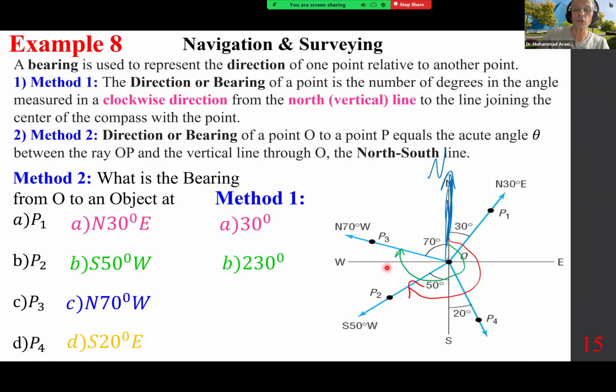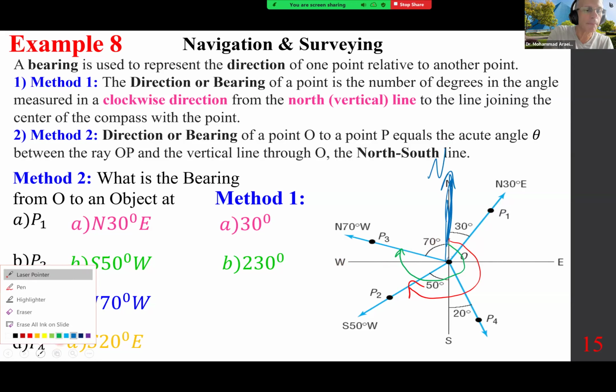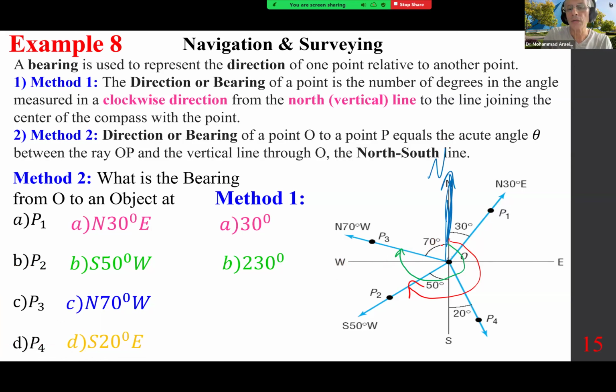So what is this angle? So up to here is 270 degrees. And because this is 70, this must be 20 degrees. So 20 degrees and 270, they add up to 290 degrees.